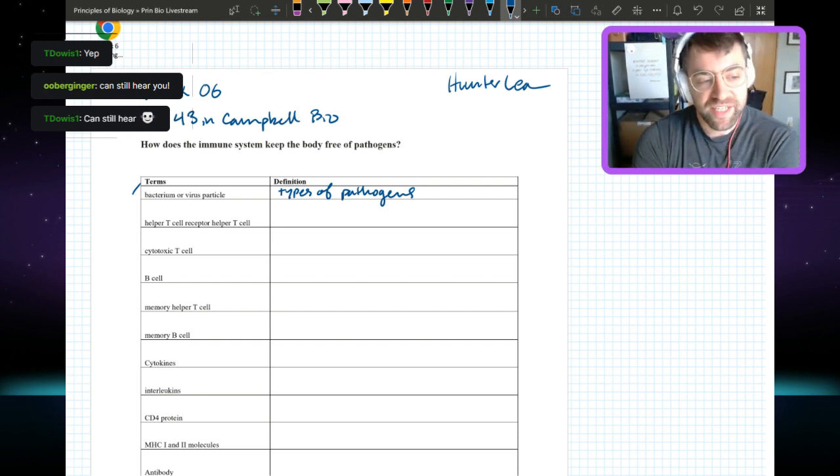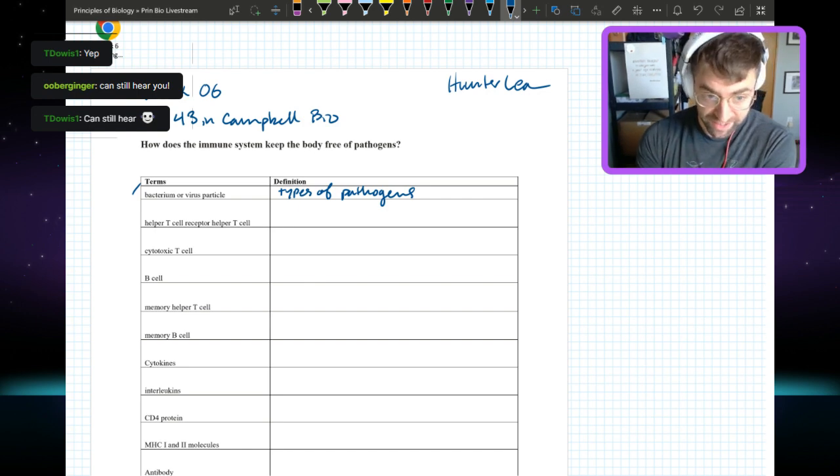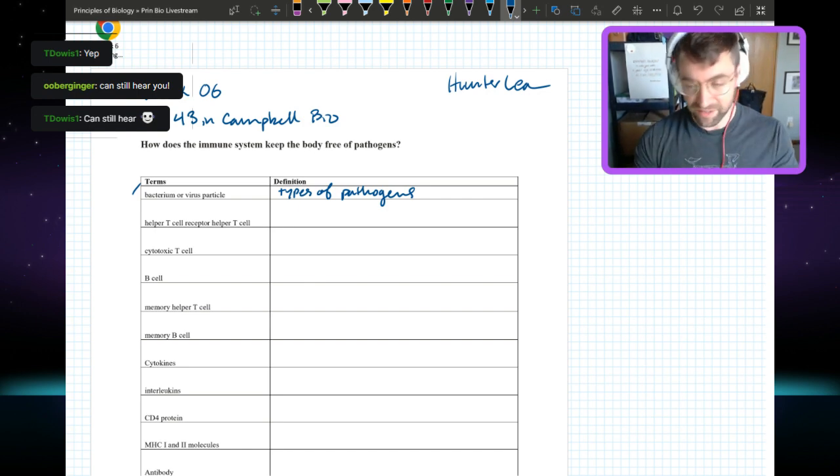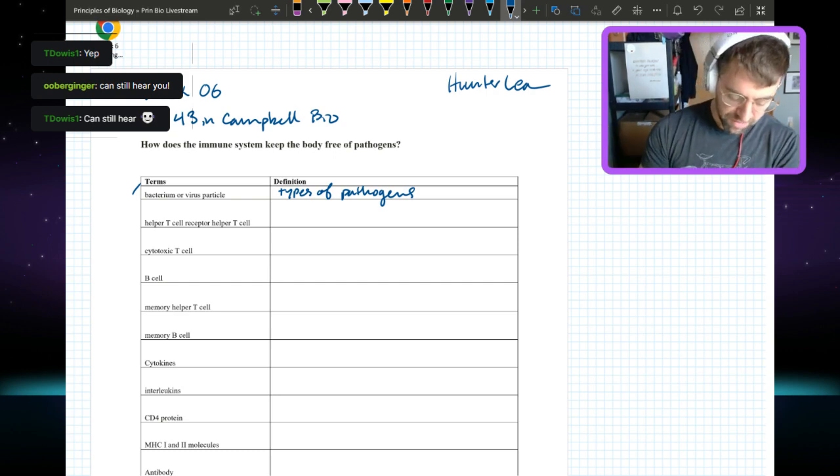Next, we have helper T cells. This is a type of immune cell that stimulates killer T cells, macrophages, and B cells, these are other immune cells, to make an immune response.